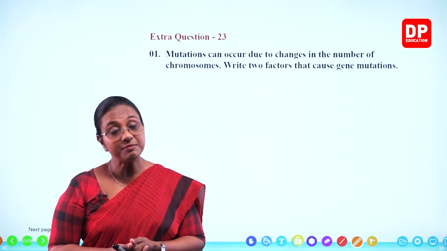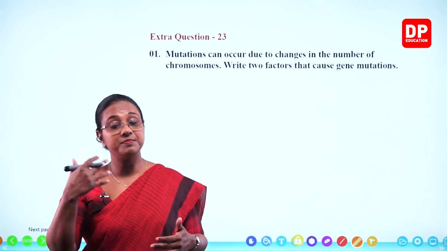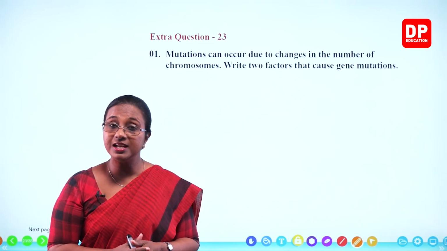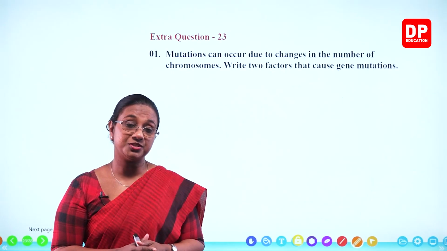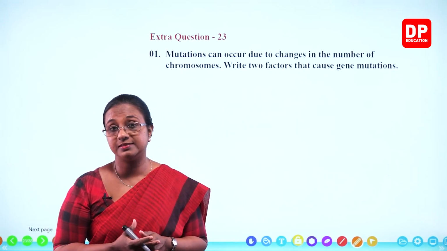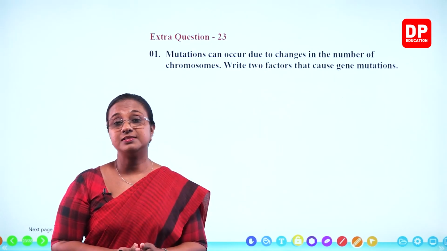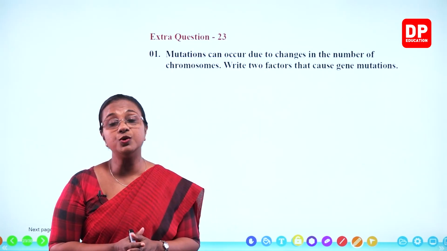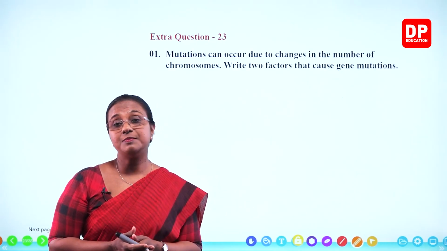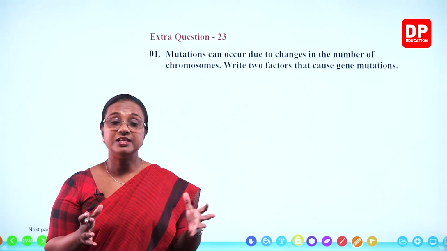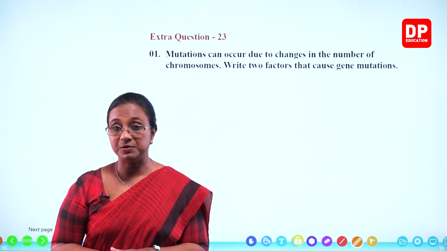Then there are some chemical substances that are added to food, substances that we use in our day-to-day life. Those also can cause gene mutations. For example, cosmetics, the hair dye, the hair coloring, that has chemical substances that can lead to gene mutations. Like that, there are other chemical substances also. So these are factors that cause gene mutations.